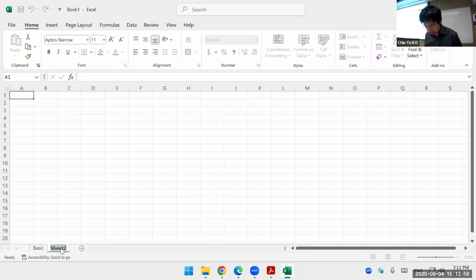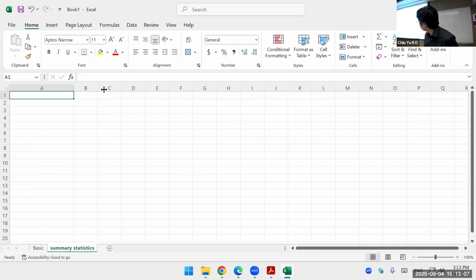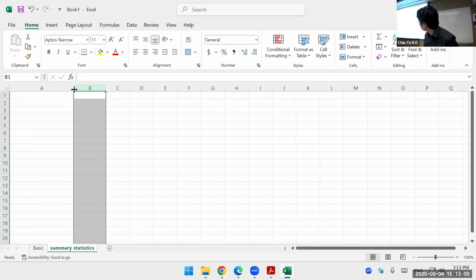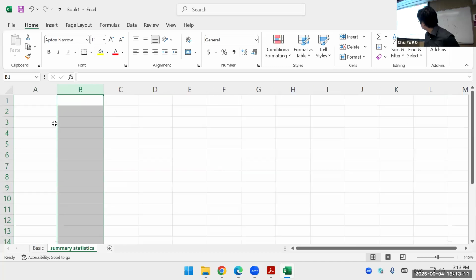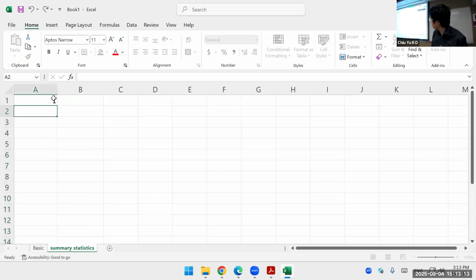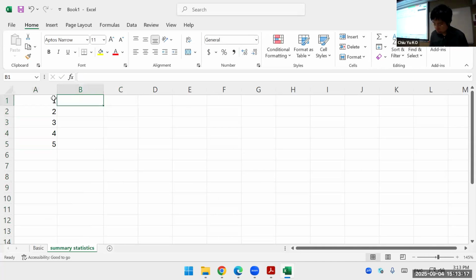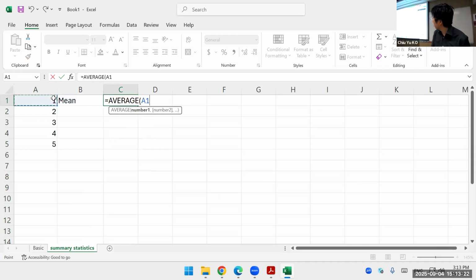Now we have some summary statistics: mean, variance, those kinds of things. We still have 2 minutes, so let's quickly do it. 1, 2, 3, 4, 5. Mean will be just the average of all this.